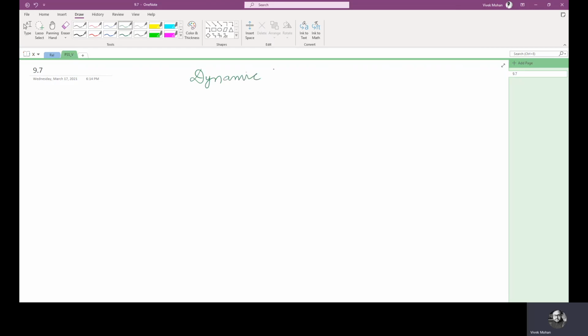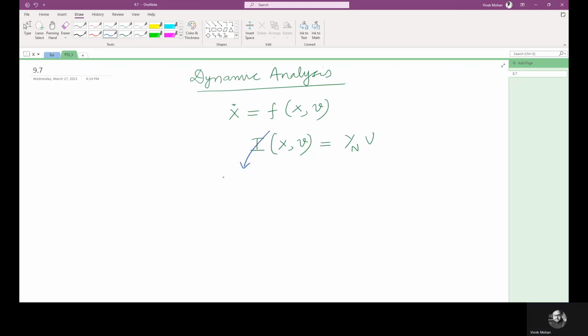In the dynamic analysis, we had the representation of the state vector as its rate of change, x dot, equated to f of x comma V, and I of x comma V is equal to Yn into V. Here I was the current injection vector.